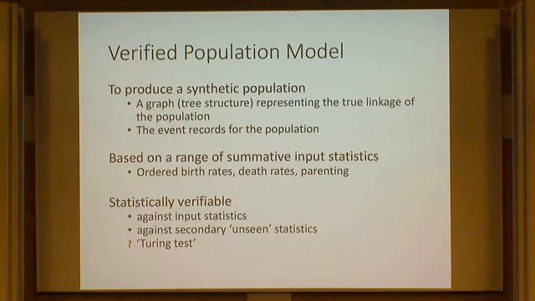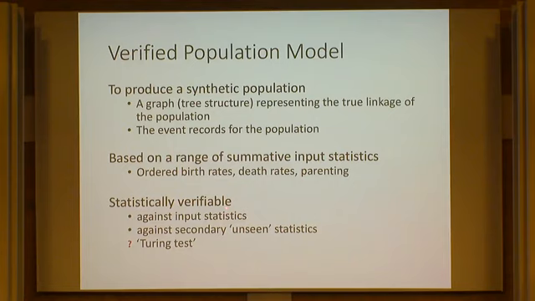We also want the input, rather than being based on the rather ill-determined input distributions like the old model, to be based on some statistics that you could go and find if you went to the ONS website and started looking for information about real populations. And I'll take us through those input statistics in a moment. Fortunately, there's only 5 in this model, which means we won't be here all day.